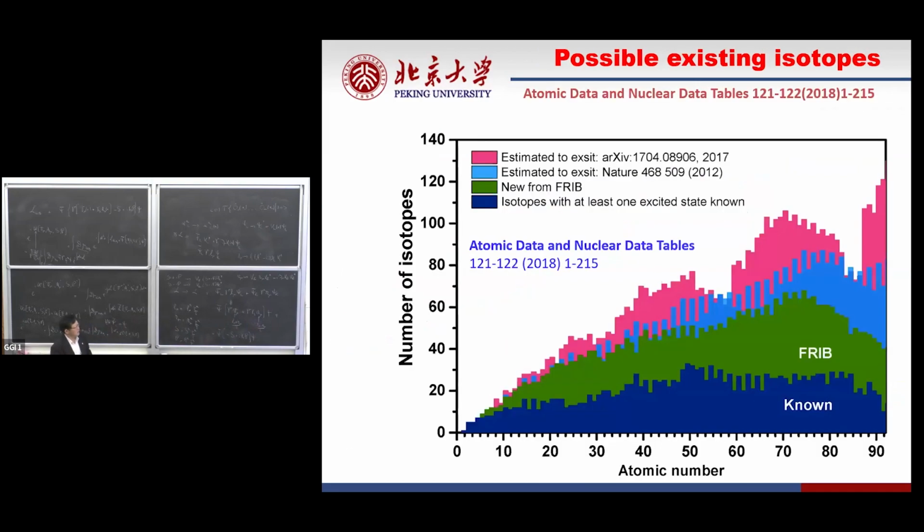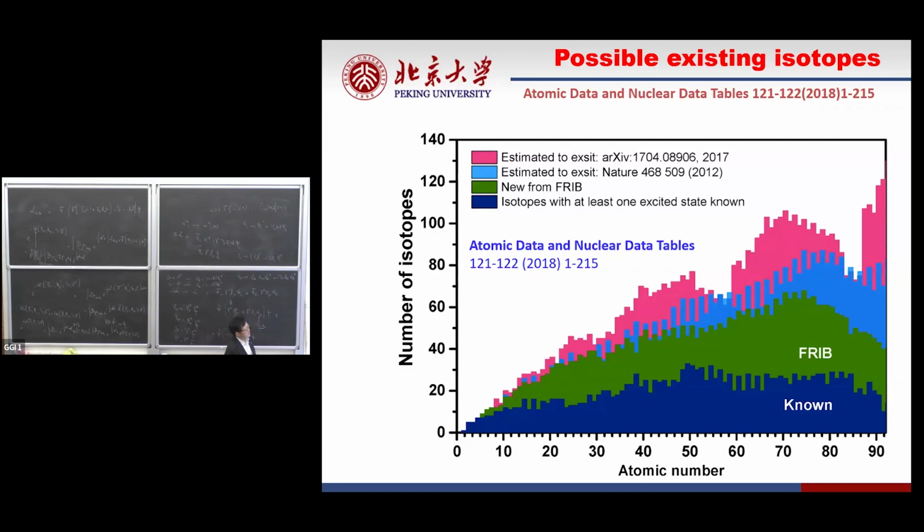How large is that? For example, the horizontal line is the so-called atomic number, and this vertical line shows how many isotopes exist for each atomic number. And then you see there are different colors. This color means what we have observed.